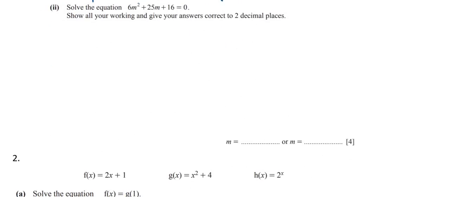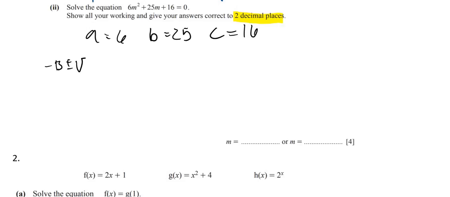Now, solve the equation. And if you notice, you needed to not leave this as a radical. You had to actually find the estimate or work out to the 2 decimal points. So if we do a equals 6 and b equals 25 and c equals 16, the quadratic equation is negative b plus or minus the square root of b squared minus 4ac, all divided by 2a, right?